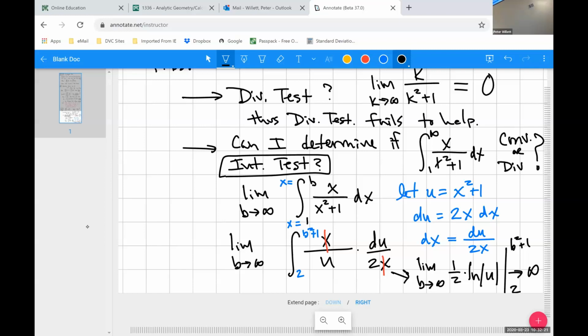So therefore, the integral test says that the series of k over k squared plus 1, k going from 1 to infinity, diverges.